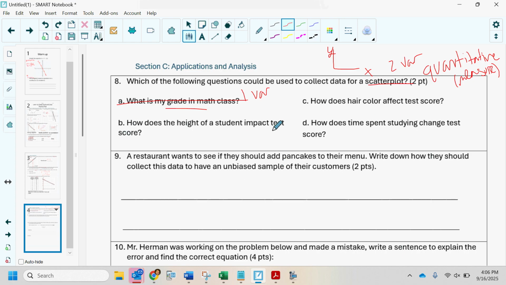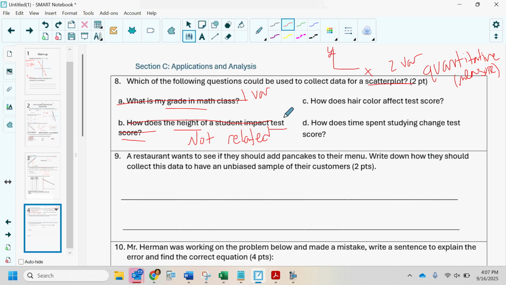How does my height impact student test scores? That's good. That's a variable. But does height have any impact on test scores? Would that be a good question? No, right? So the 2 variables are not related. We wouldn't expect them to be related. How does hair color affect test score?